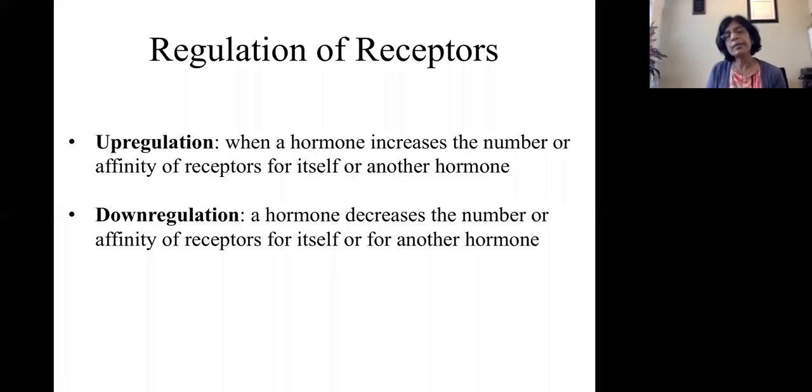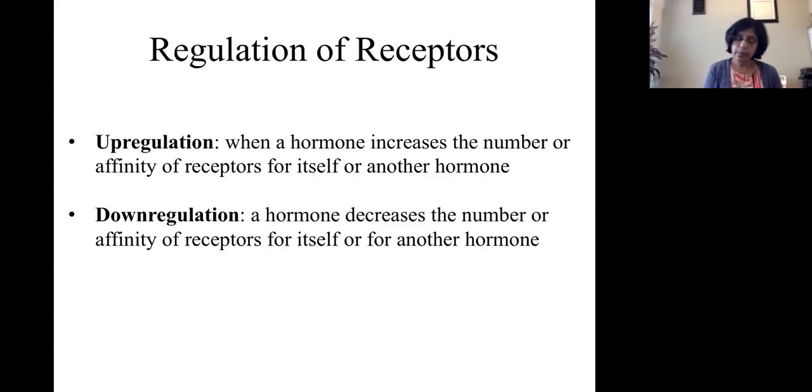Now, there are situations where you need more receptors to respond to the hormone, and that's what you call upregulation. More receptors are added as needed, or if it's not the number, it may be the sensitivity of the receptor that would be altered. Okay, that is what you call upregulation.